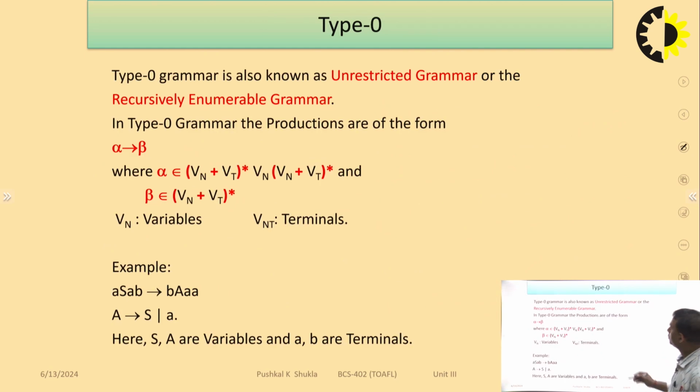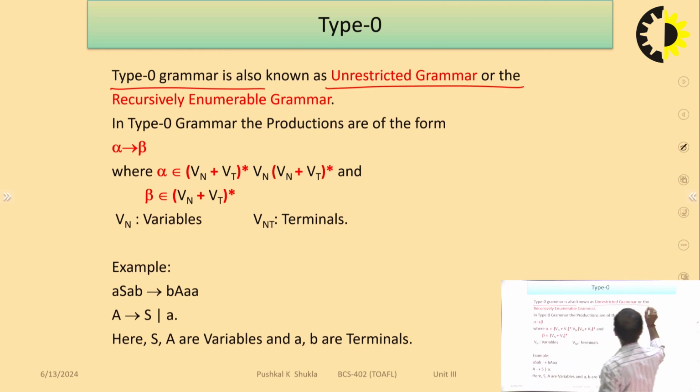Now come to type 0. Type 0 grammar is also known as unrestricted grammar, and it is also known as recursively enumerable grammar. It is accepted by the Turing machine.